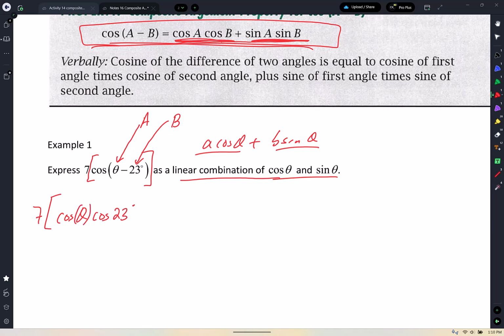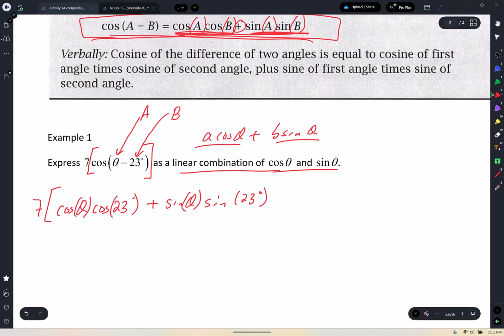Cosine theta, cosine 23. They should be putting parentheses around your arguments, but they don't do that. And then I'm gonna put what? Plus. That plus is this plus. And then I put sine theta, sine 23. Perfect. And then close it with the bracket, and I'm gonna distribute the 7.